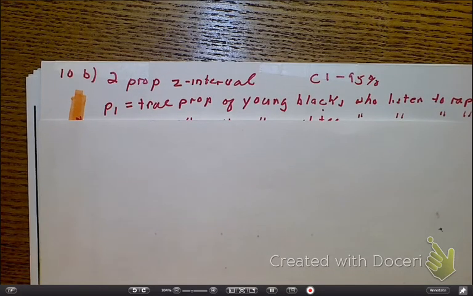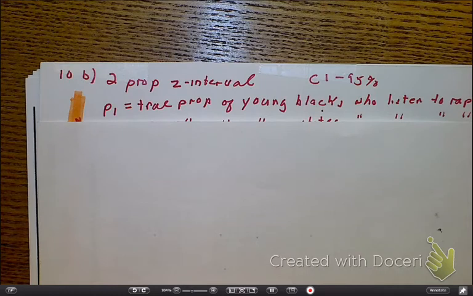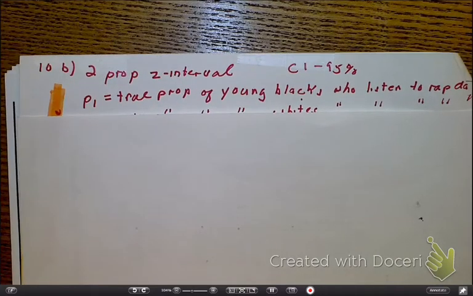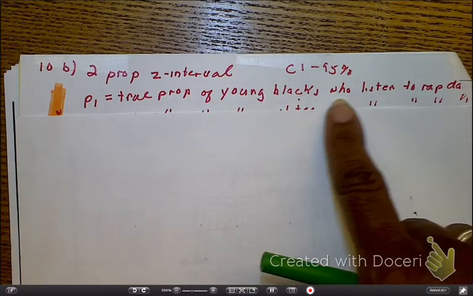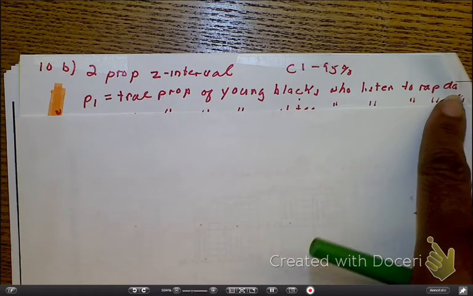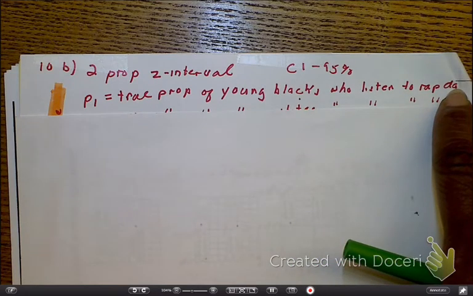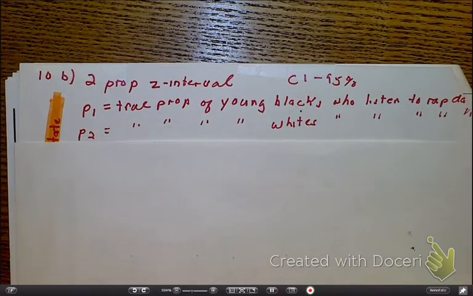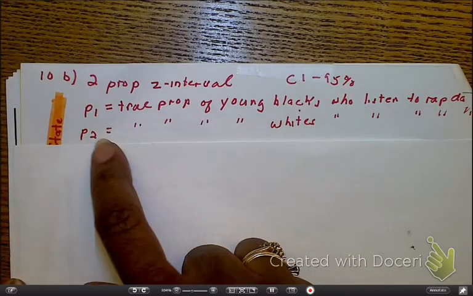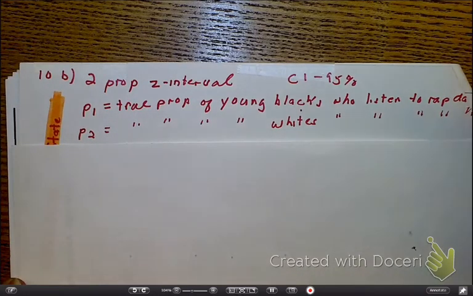Okay, let's look at how we define it. Well, P sub 1 is the true proportion of young blacks who listen to rap music daily. And then P sub 2, actually, didn't I make it a B and a W?